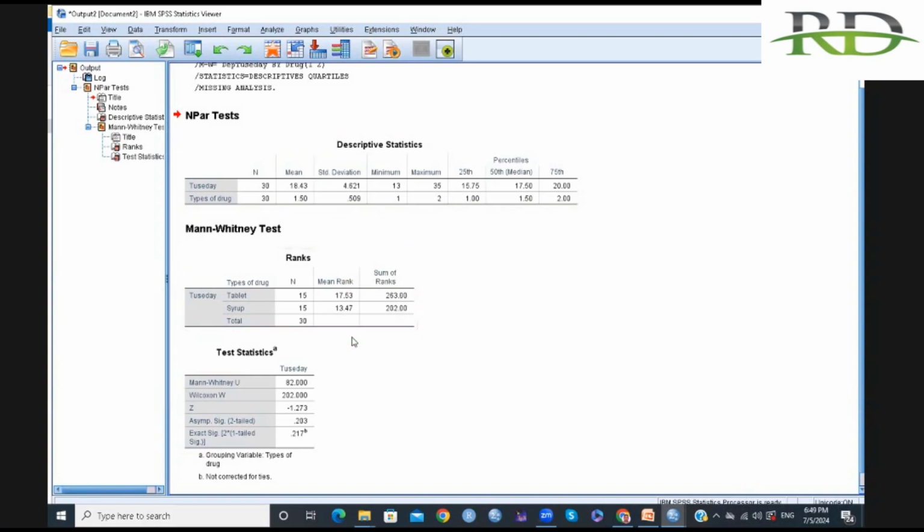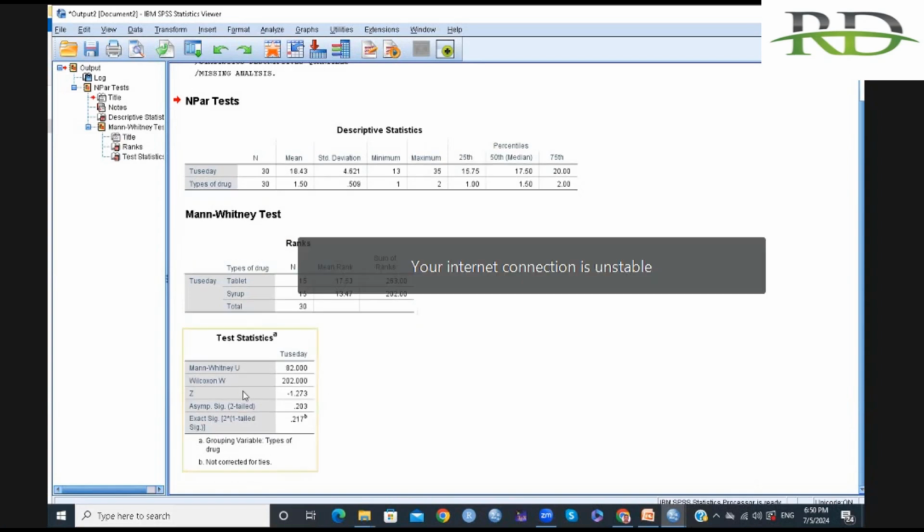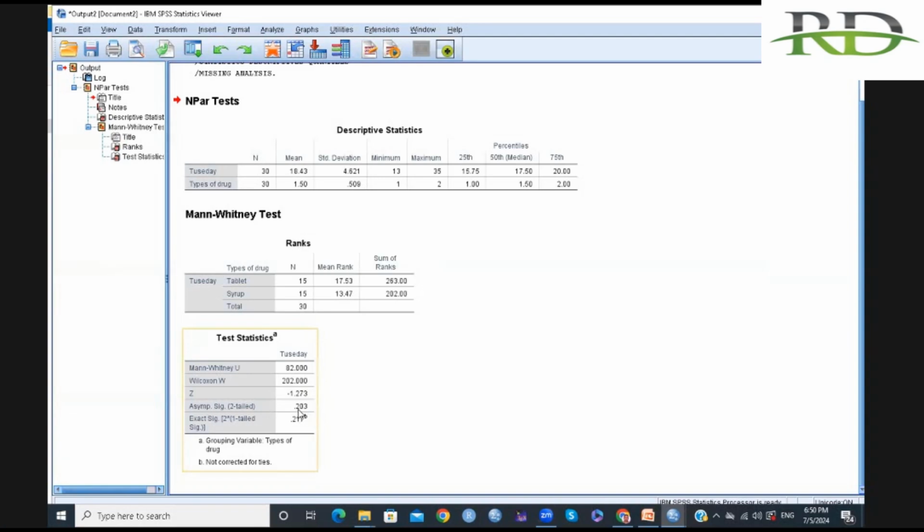the sum of the ranks. Now come to the test statistic, the Mann-Whitney. You can see the two-tailed value is 0.203. It means the null hypothesis is not rejected because the p-value is much more than 0.05.